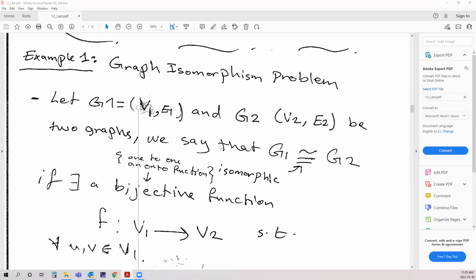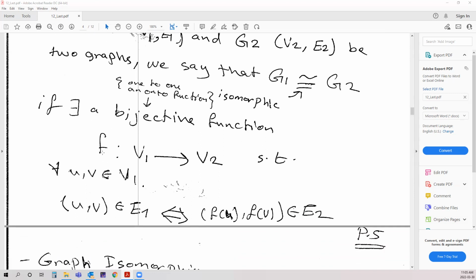We say that G1 is isomorphic to G2 if there exists a bijective function. What do we mean by a bijective function? It is a one-to-one and onto function. You should know this from math. If you don't, you can search for what a bijective function is and see a short YouTube video to clarify this.